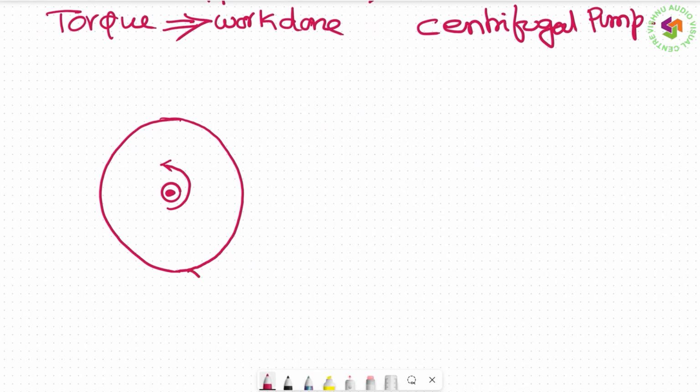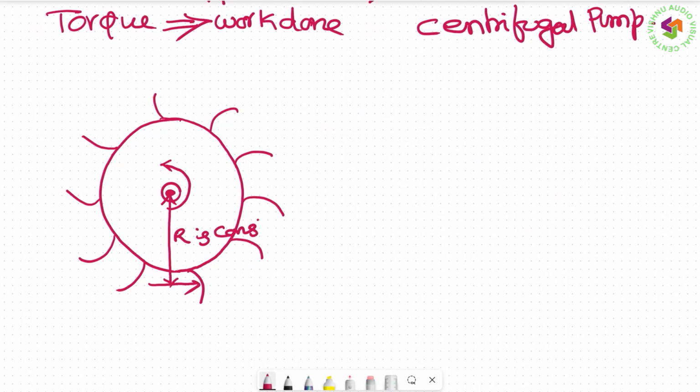The vanes are like this. The jet strikes here. So if you take the distance from the center, this is the same. This is tangential flow. That means if I draw a tangent, this is the tangent.